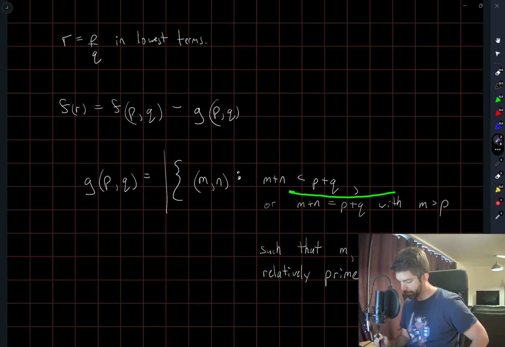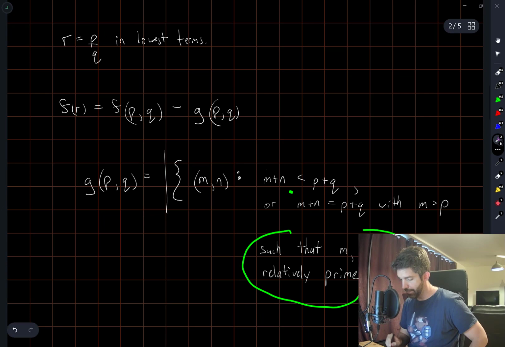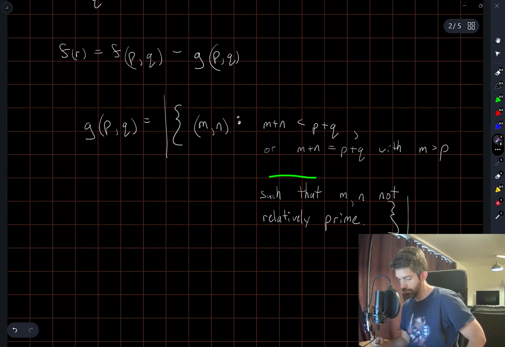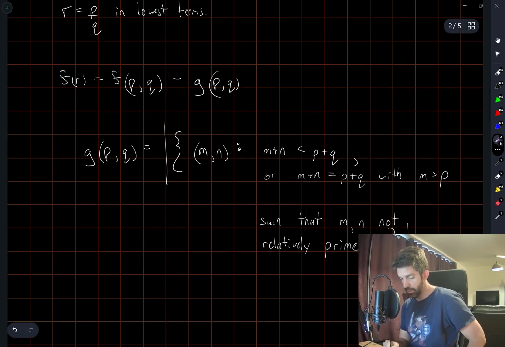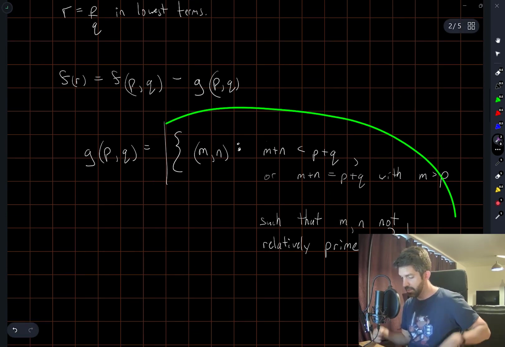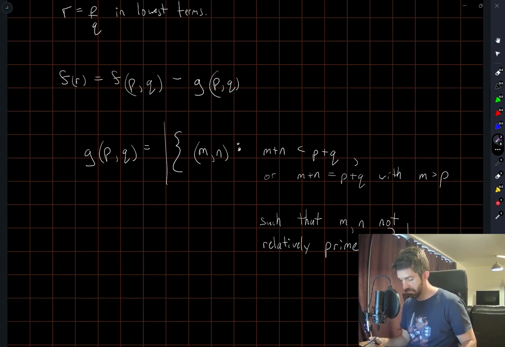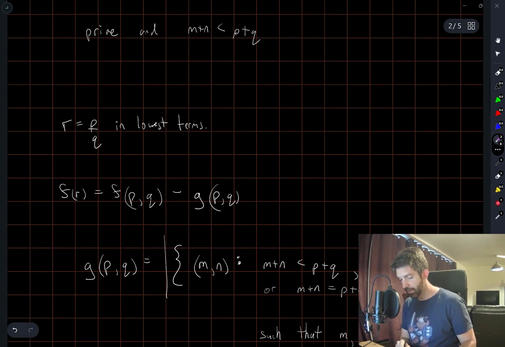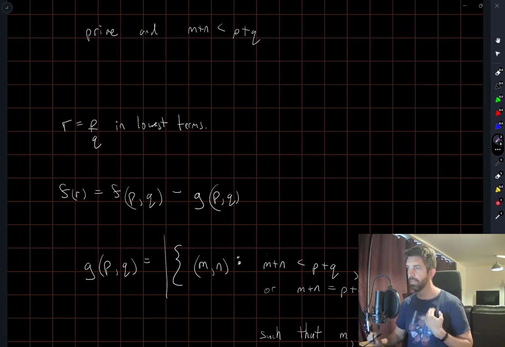And then we're only looking at the ones where M and N are not relatively prime. These will correspond to a square that has to be removed. We're going to take the cardinality of that set, and that's how many spaces this rational number gets bumped up in the second list as compared to the first list.